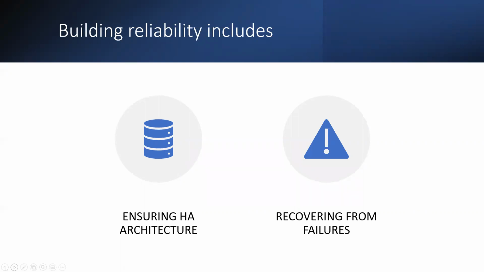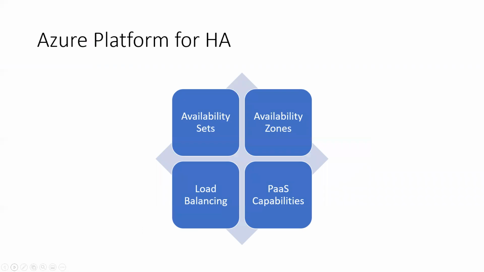If we need to talk about highly available architecture, these are some options that we can utilize. We are already aware of availability sets, availability zones, load balancing, and PaaS capabilities. Availability sets provide us update domain, fault domain, and give us redundancy in a data center.